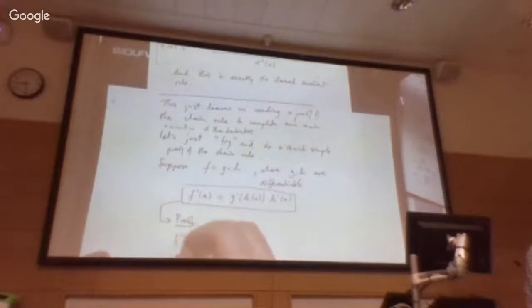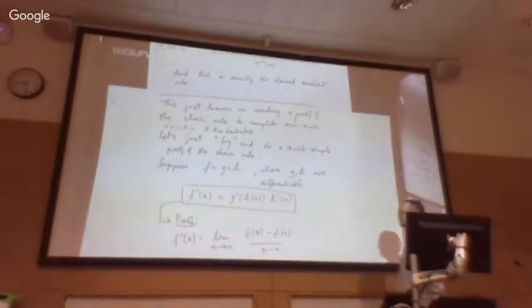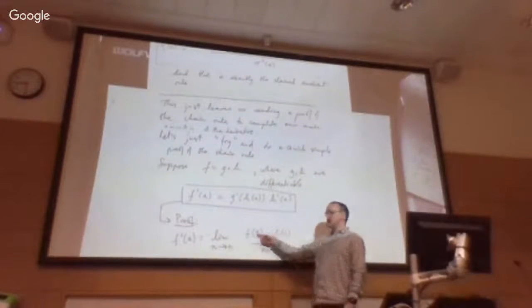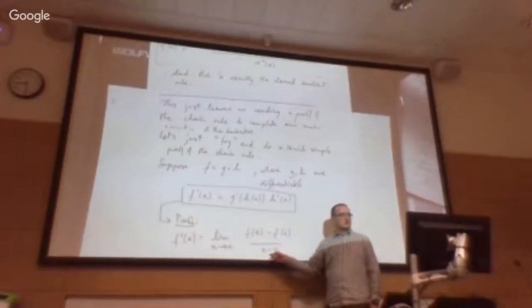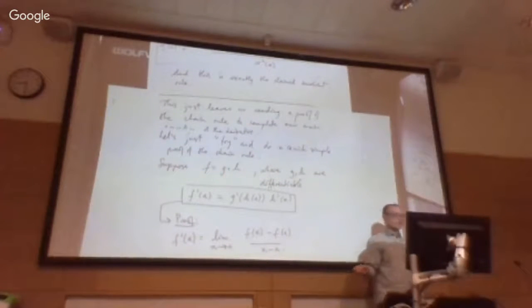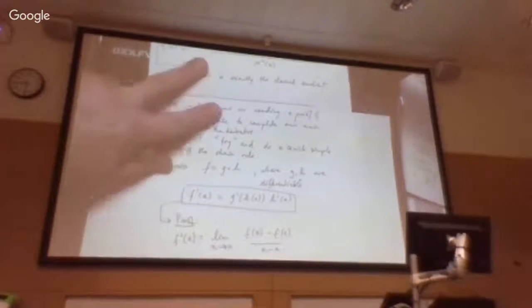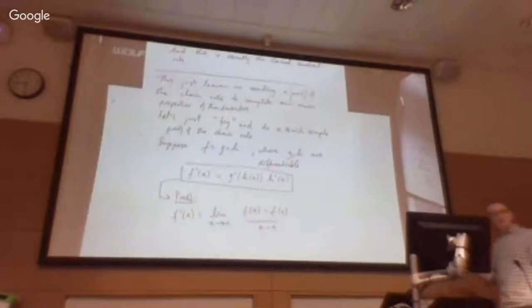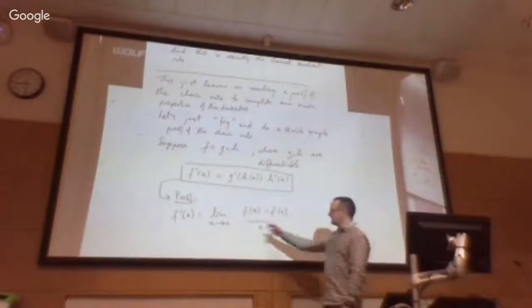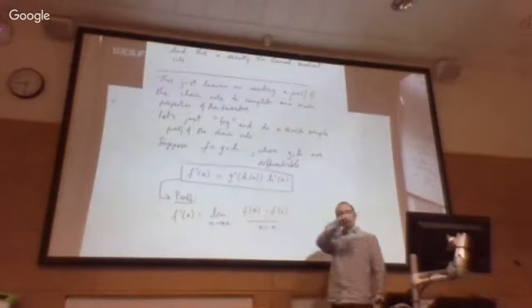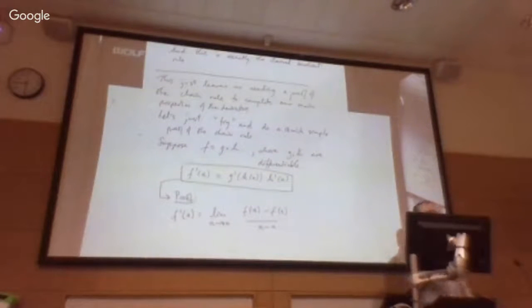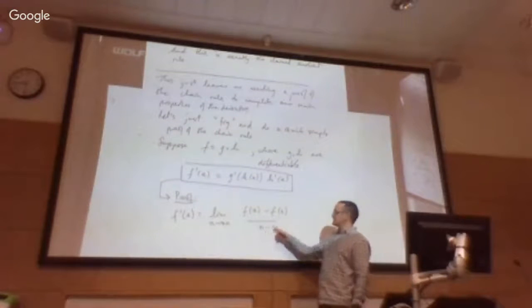The derivative of f at a, by definition, is the limit as x approaches a of f of x minus f of a over x minus a. This is our usual limiting value of the relative change in value of f relative to the change in value in the argument. This is the geometric meaning: taking the limit of the gradients of these chord lines across the graph of f from a point x to a point a.